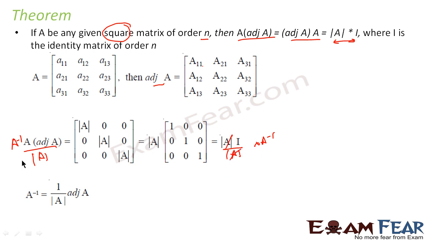A inverse is nothing but, this guy gets cancelled, adjoint of A by determinant of A, and that's how you got this formula. Correct? So using this theorem only, we got the formula that A inverse is nothing but 1 by mod A into adjoint of A.